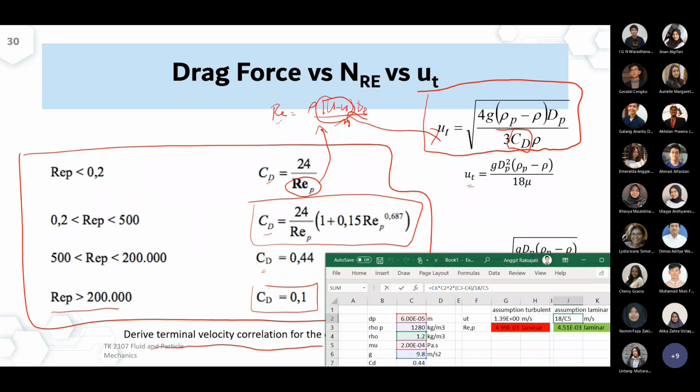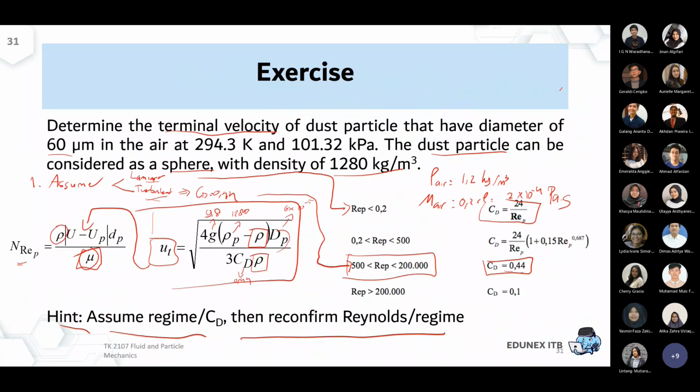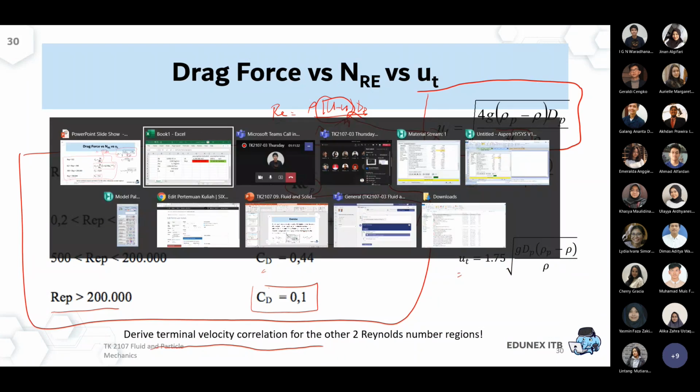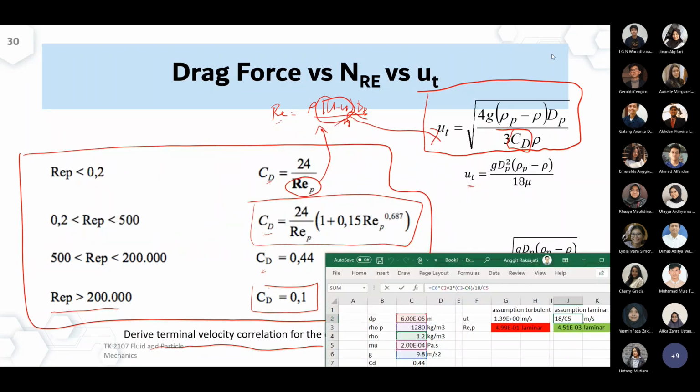So that's the challenge when you start with the top equation. But by putting directly the CD as 24 per RE, then we can simplify. We can remove the CD. So now everything is only expressed as a function of gravity, particle diameter, density, and viscosity.